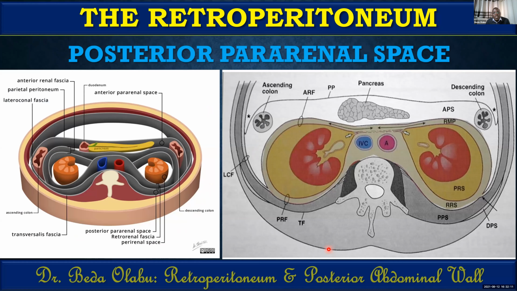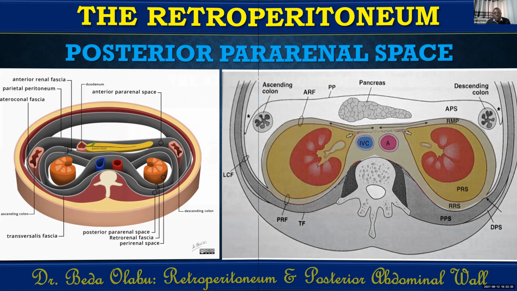The third retroperitoneal space to talk about is the posterior pararenal space. We will consider the posterior pararenal space as the space between the posterior renal fascia and fascia transversalis. So basically somewhere there.